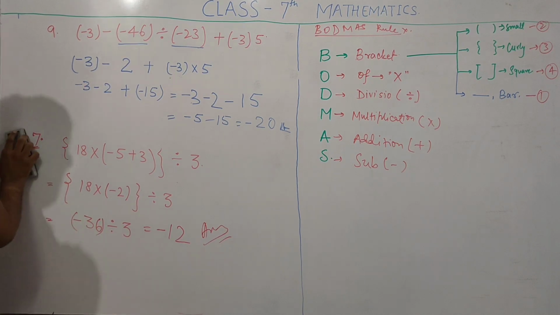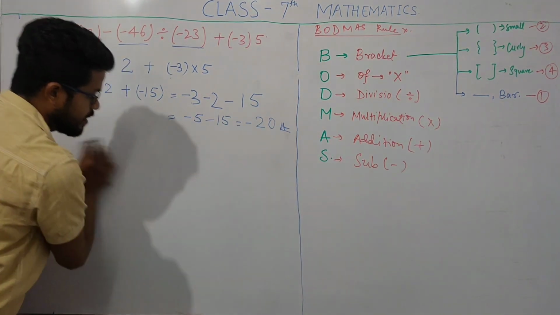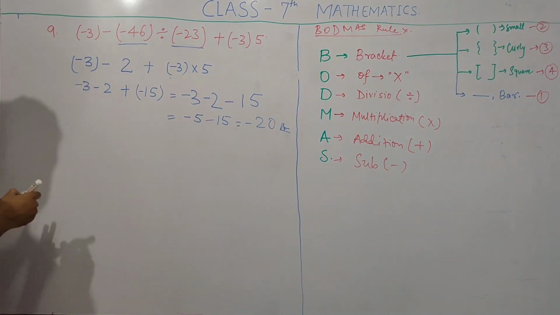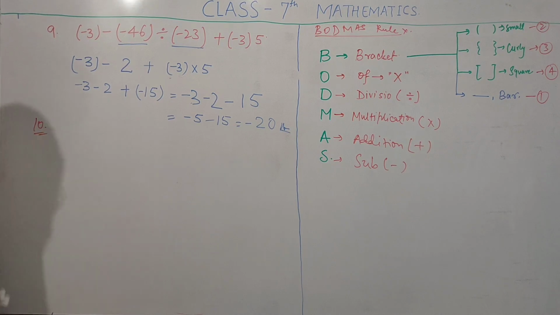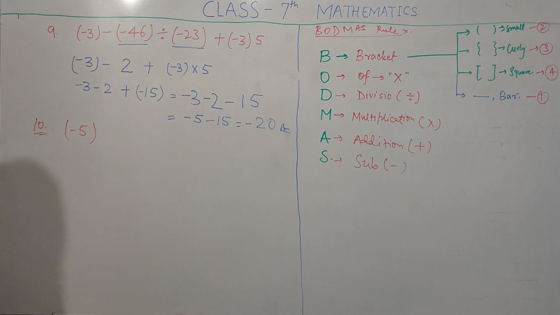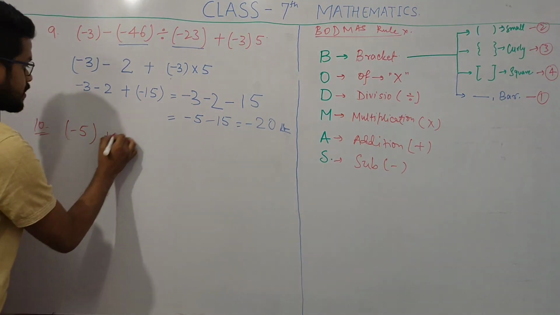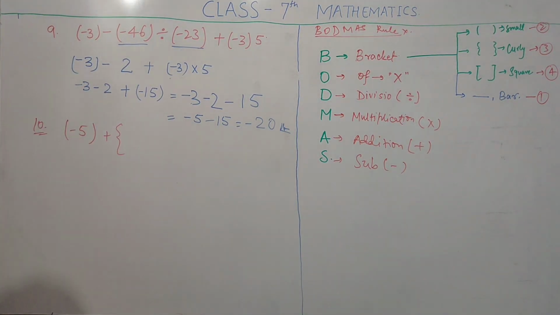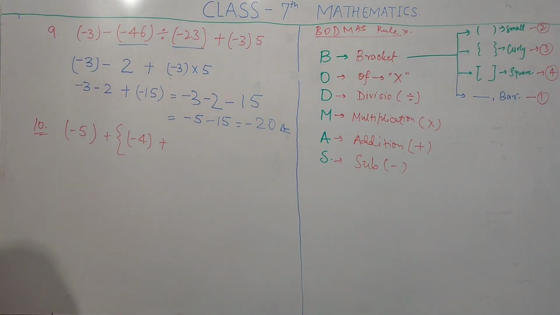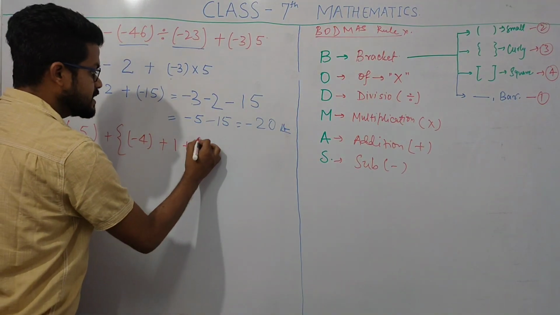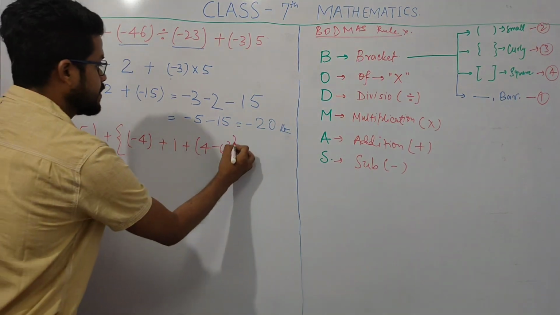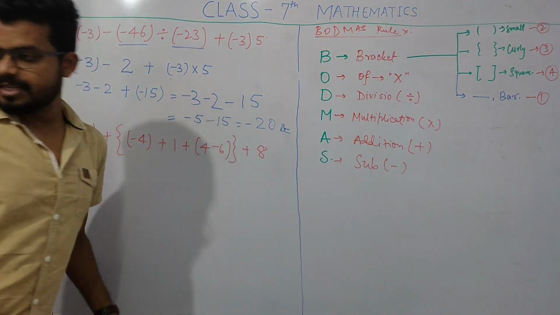Now come to question number 10. Minus 5 plus curly bracket start, minus 4 plus 1 plus 4 minus 6, bracket close plus 8.